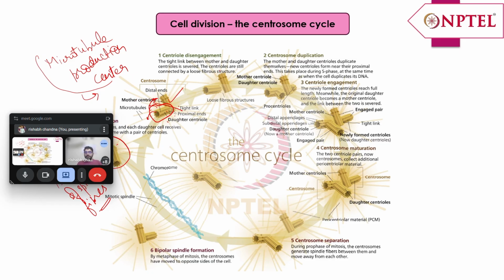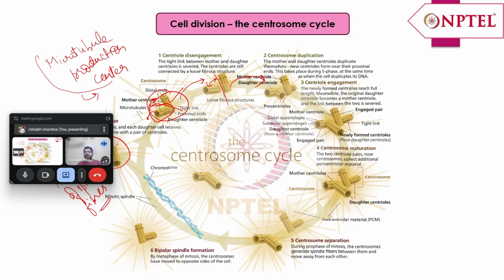After the divide, the strong arrangement between the mother and the daughter centriole is broken down. That means the two centrioles separate from each other, so that now the centrosome gets duplicated. In each centrosome, both the mother and the daughter centriole will be present.